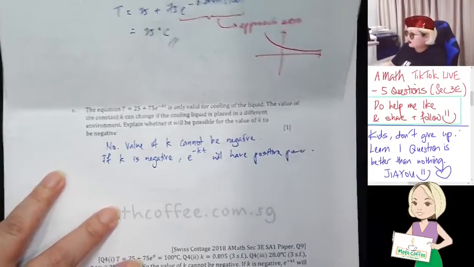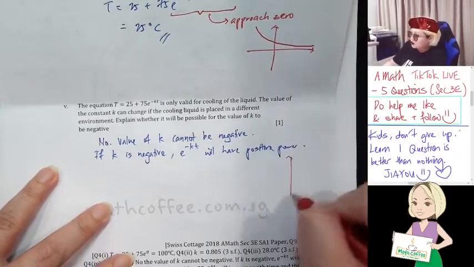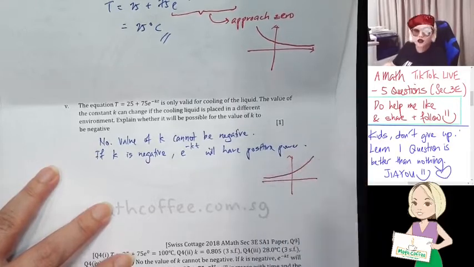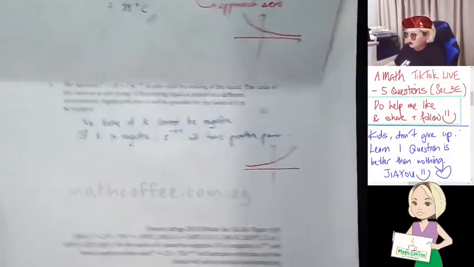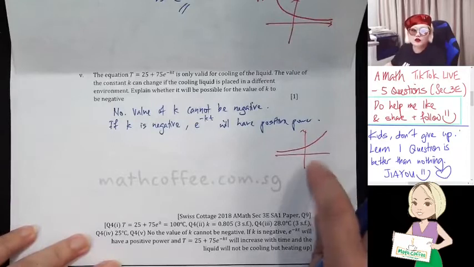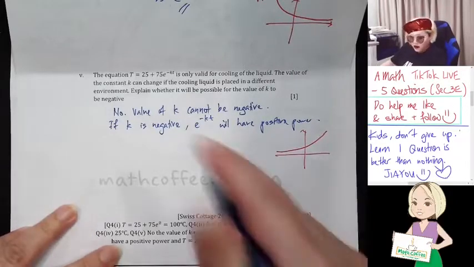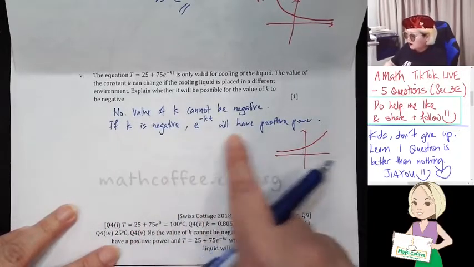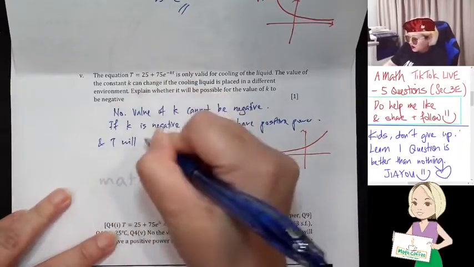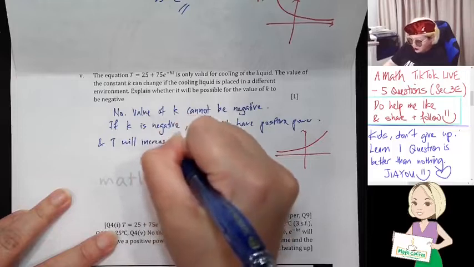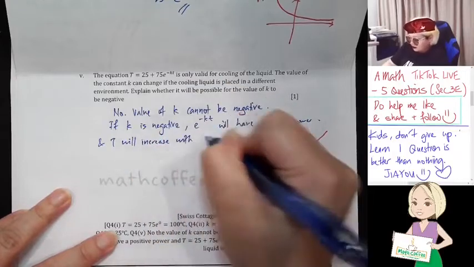When you have a positive power and draw the exponential graph, it will go this way. This is reducing, this is increasing. Of course you don't need to draw a graph; this red one I just drew for information. So if K is negative, it will have a positive power and T will increase with time.